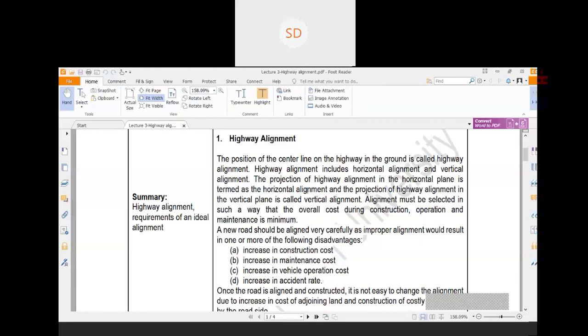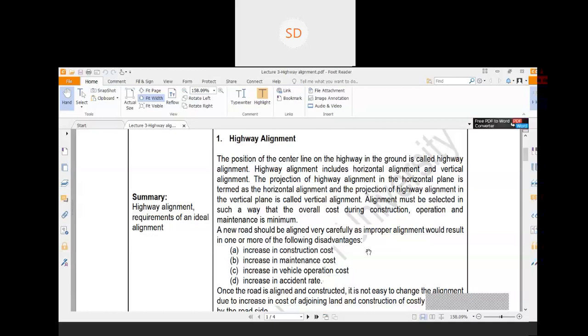An alignment must be selected in such a way that the overall cost during construction, operation, and maintenance is minimum. If the laying of the highway alignment is faulty, it will increase the construction cost of the total highway. Suppose two points, A and B, are there, and you need to connect these two points or two cities with a highway.